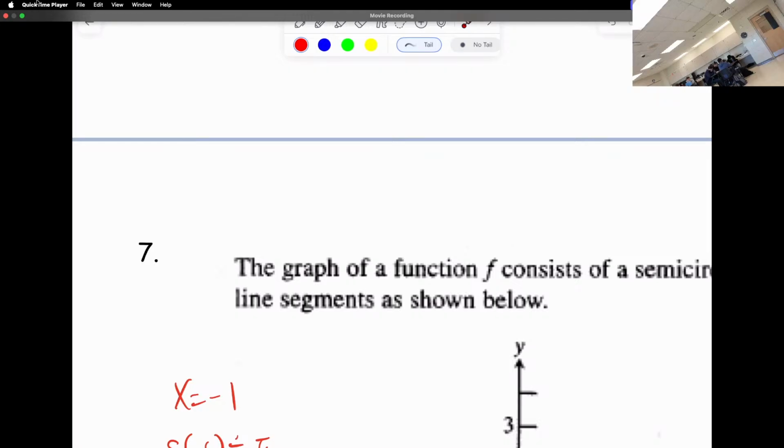Jacob, are you doing the problem? I don't know why you need a computer to do the problem. It's my job.